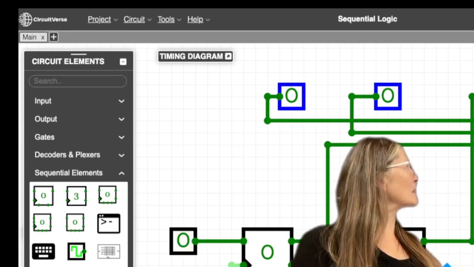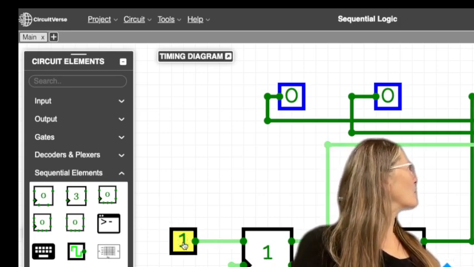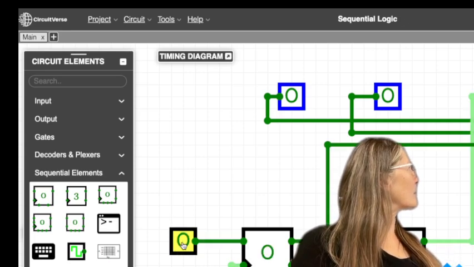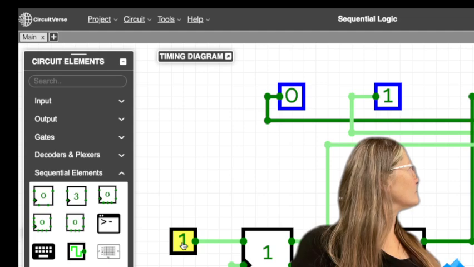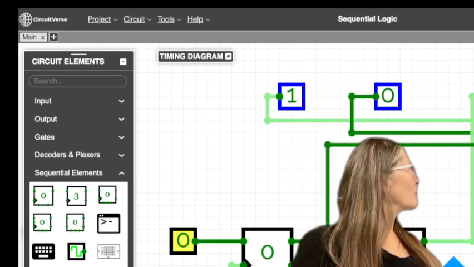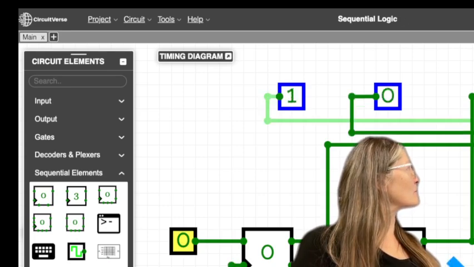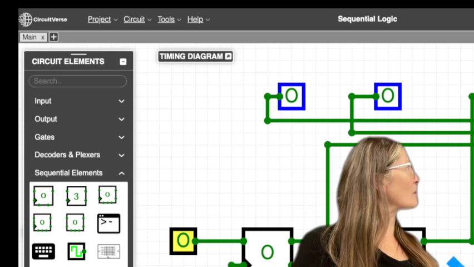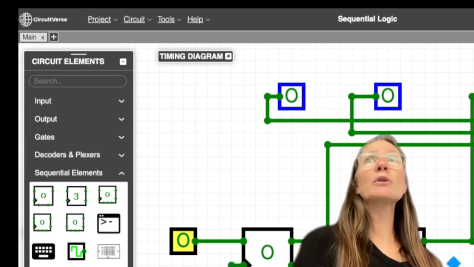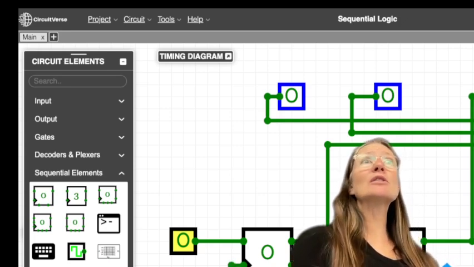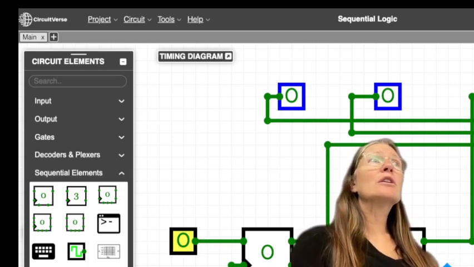So if I had 1, 0, 1, 0, I'm reading 1, now it changes to the 0, then it changes to the 1, then it changes to the 0, and I'm always reading it at that output wire. That would be serial in, serial out.